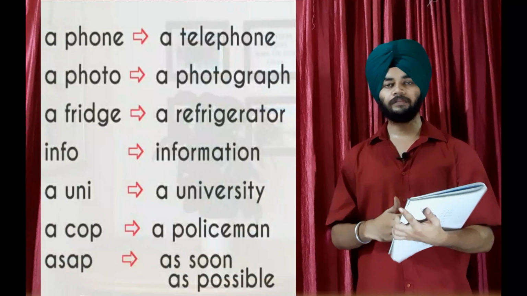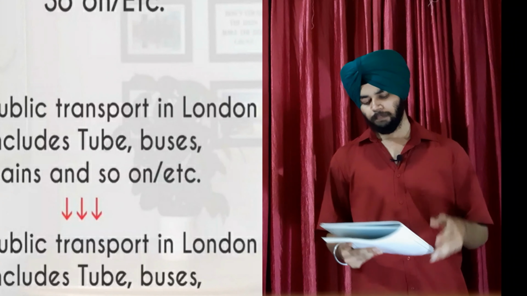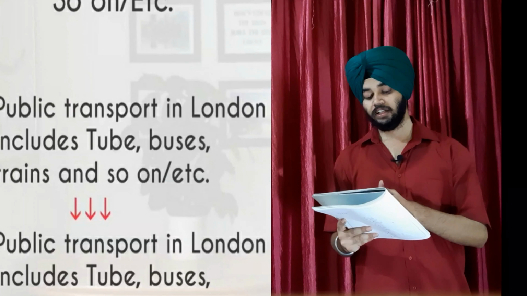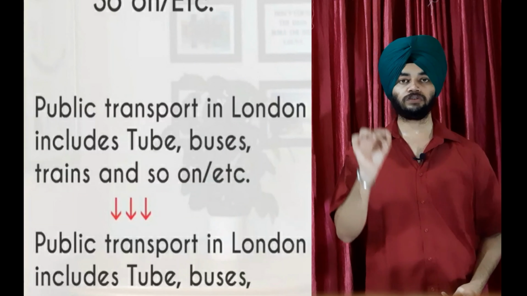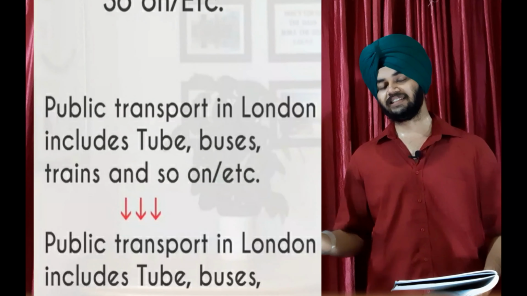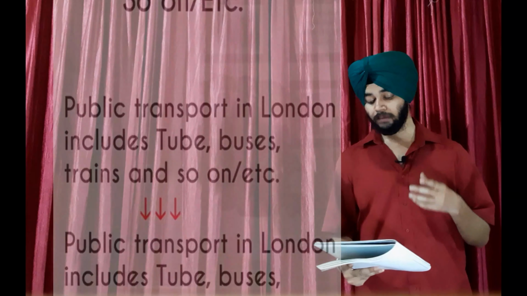Our next one is "and so on" or "etc." This is also informal. For example, "Public transport in London includes tubes, buses, trains, and so on or etc." This is informal. So what can we use? We should use a full stop, not "and so on" or "etc." Like "Public transport in London includes tubes, buses, and trains." Full stop.